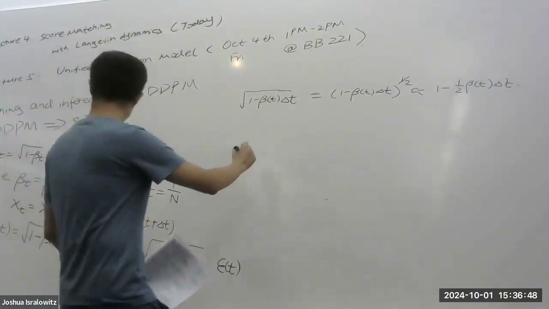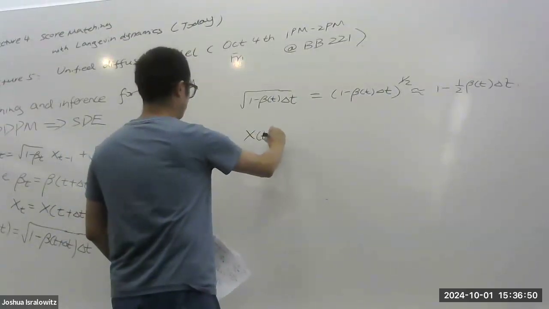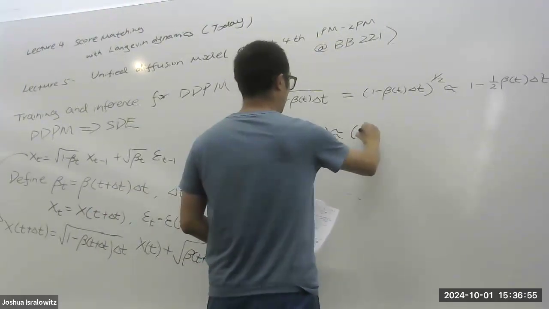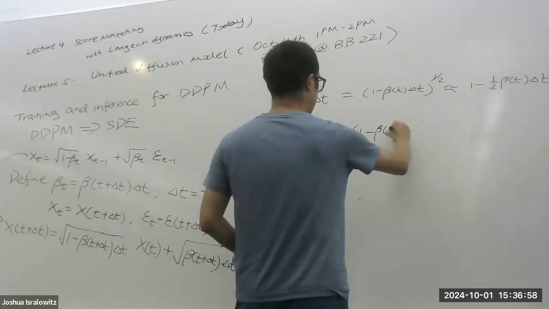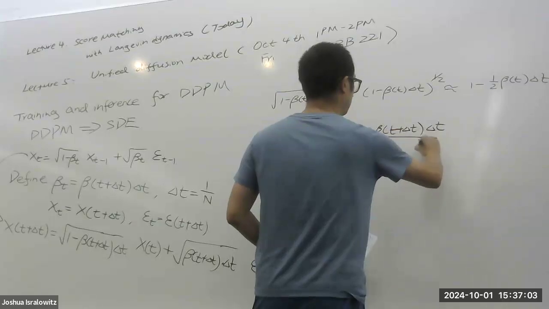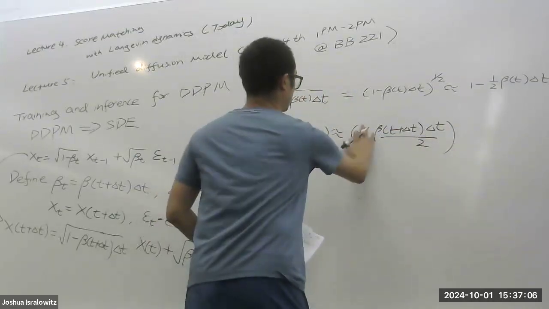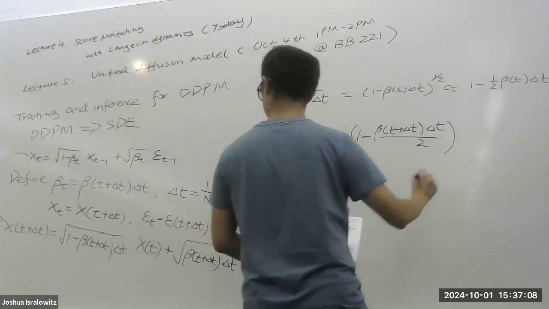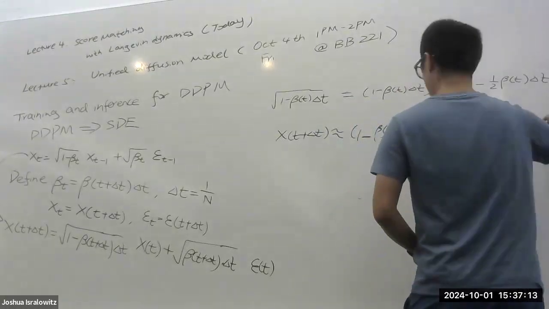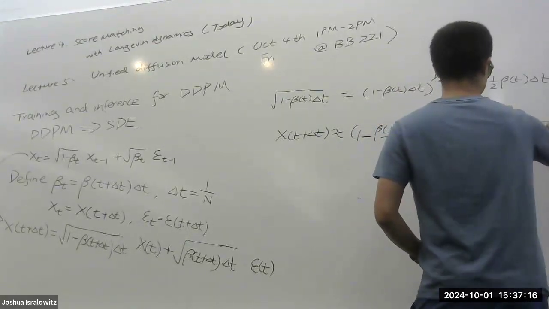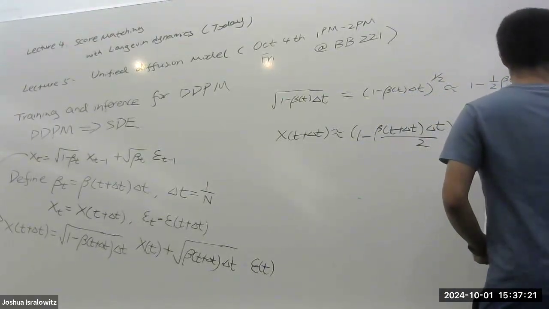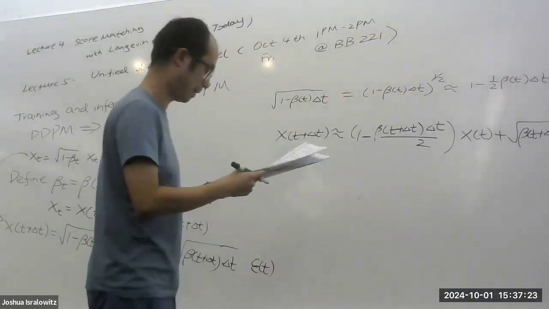So then this x_{t+Δt} is approximately equal to 1 minus beta_{t+Δt} delta t divided by 2 times xt plus square root of beta_{t+Δt} delta t epsilon t, right?